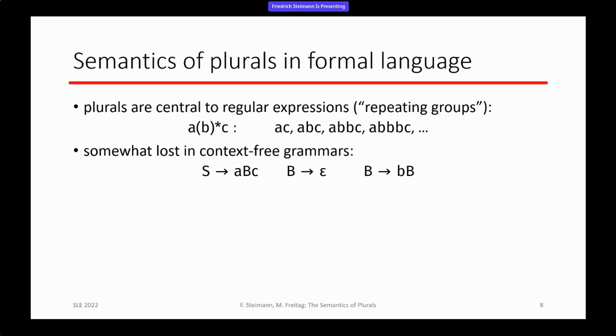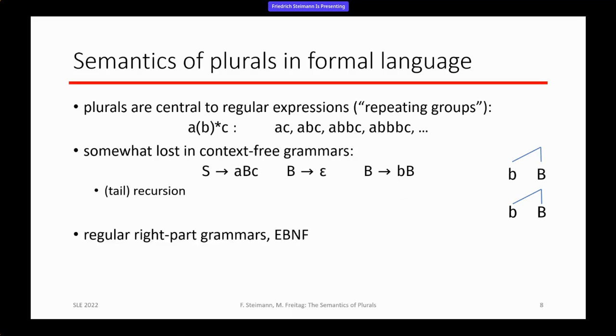And the downside of this is that when we parse a sentence with a grammar like this and we detect or accept a plural, many B's, then we get a deeply nested parse tree. And this parse tree is really like the encoding of a list as a recursive list with head and tail that you know from functional programming languages or Prolog.